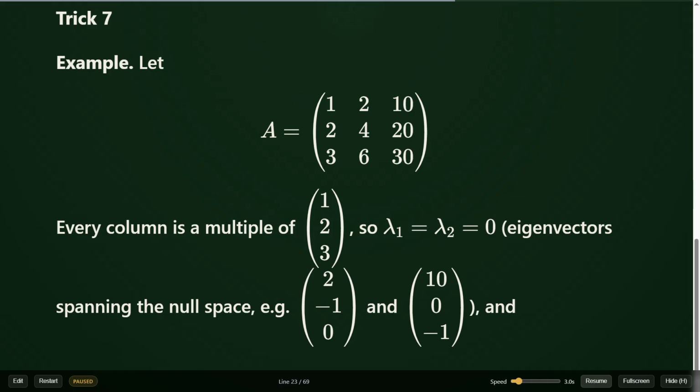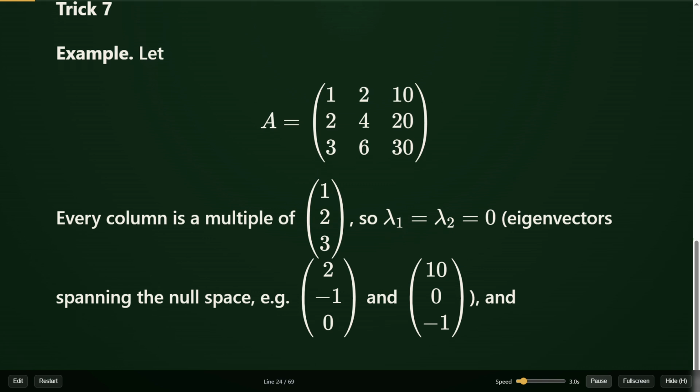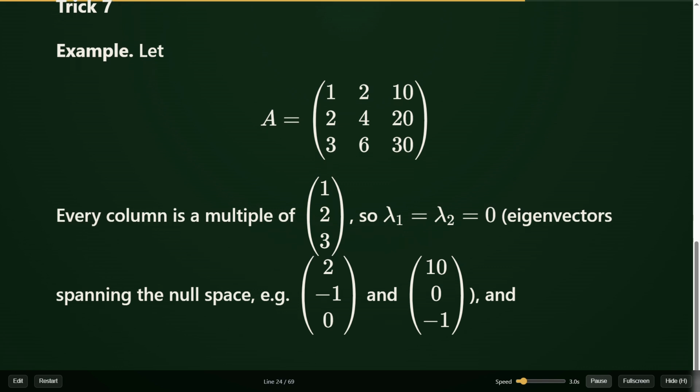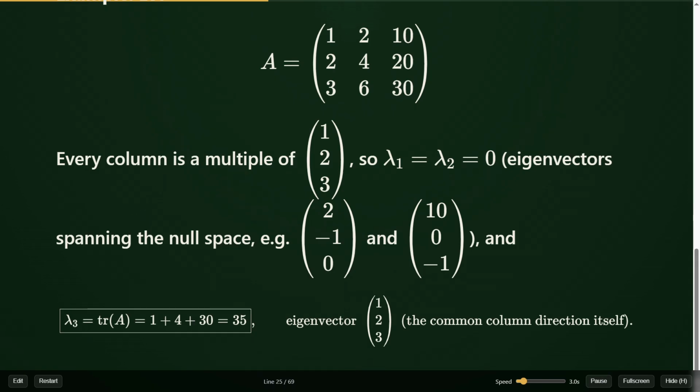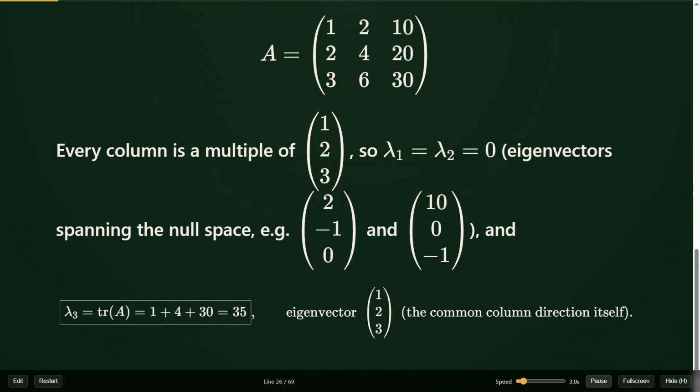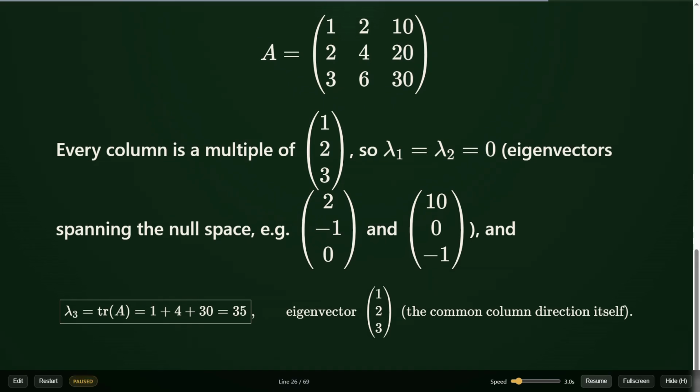The eigenvector is 10, 0, minus 1, which will give us 0, 0, 0 on the right-hand side. Therefore, we have two linearly independent eigenvectors for the same eigenvalue 0, repeated two times. You can represent these two eigenvectors differently. This is one of the examples that I have given.